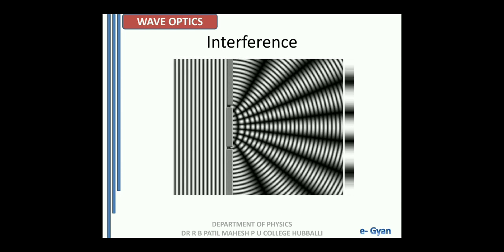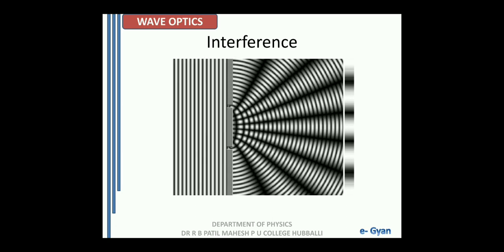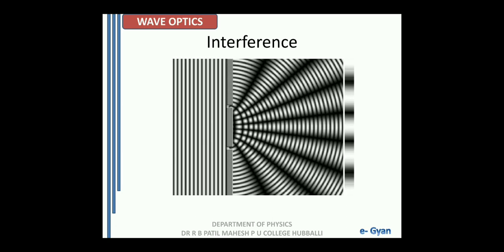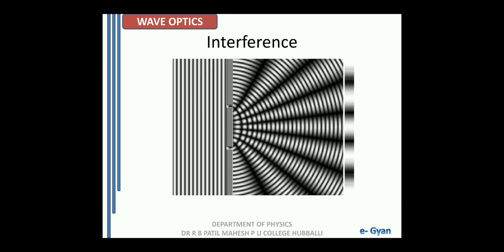Now what happens if I remove the slit? If I remove the slit, then the plane wavefront falls on the screen and everything will be uniformly intense. Each and every part on the screen will be uniformly intense. But when I keep the two slits, then rather than getting uniform intensity, the light energy gets redistributed.